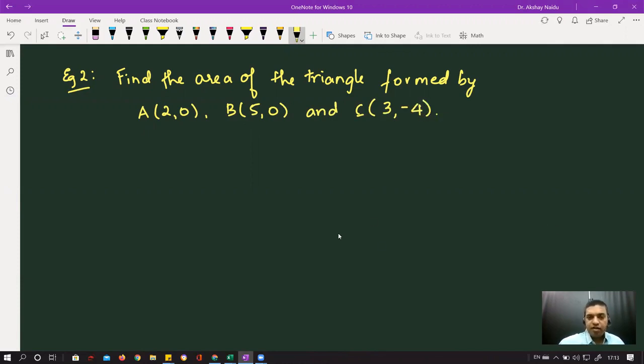So I'll open the chat. I want students to give me an answer to this. 6 square units, Harshit. Yeah, the answer is right. How did you calculate, Harshit? Using the formula? You can unmute yourself.